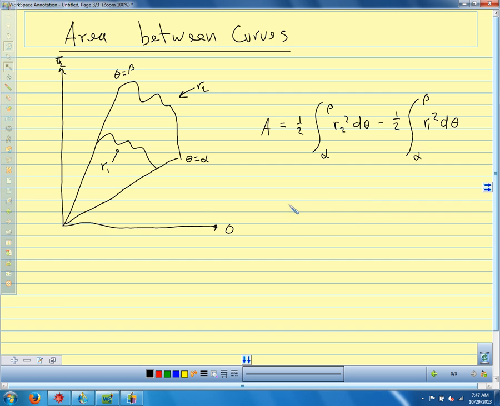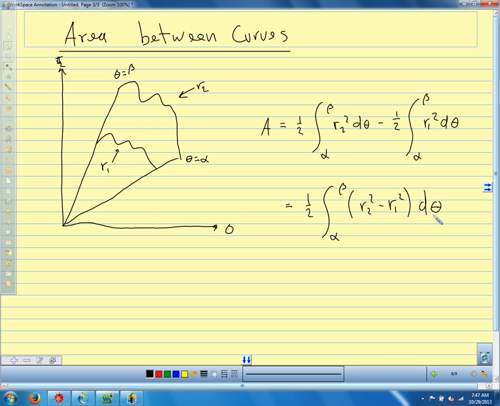And we can rewrite that if we want as 1/2 the integral from alpha to beta of R2 squared minus R1 squared d theta. So just like we did in rectangular coordinates, we're just taking the big circle minus the little circle. So that's the easy case when that happens.